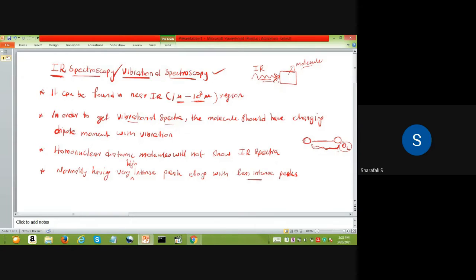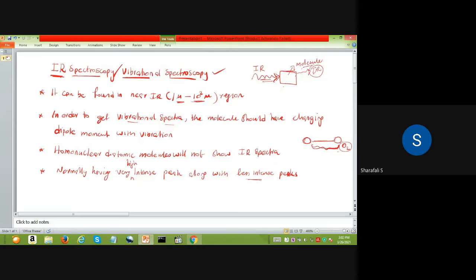Otherwise, if the molecule is vibrating in an excited or higher energy level and comes to a lower energy level, it will emit radiation in the infrared region. So in both ways we can study the molecule.